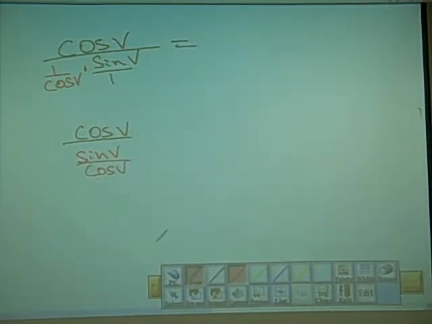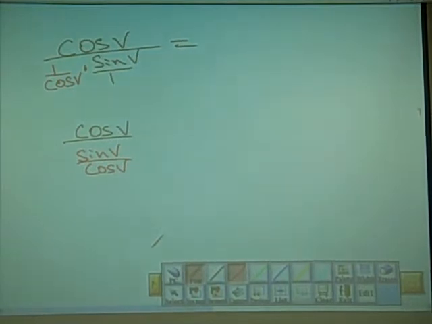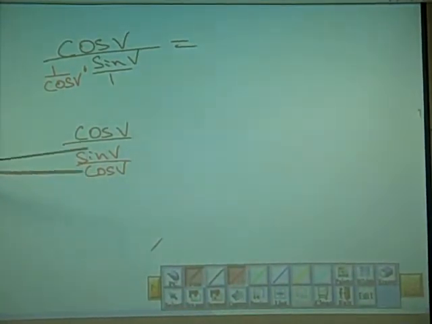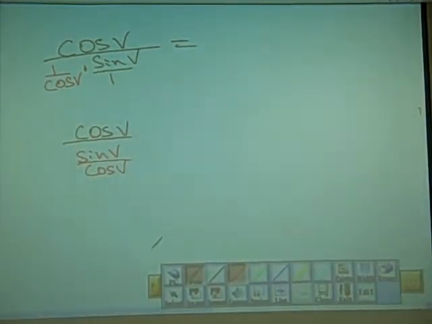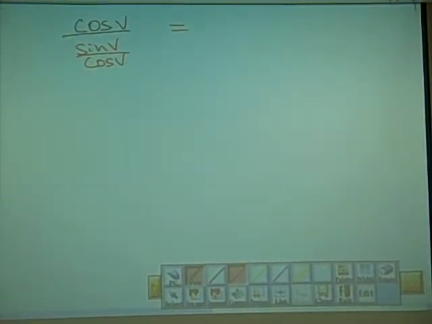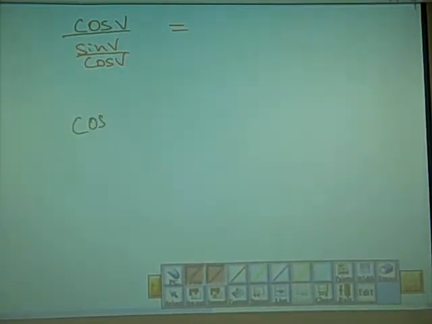We can go ahead and flip. We're going to multiply by the reciprocal of our denominator, so we're going to get cosine v times cosine v over sine v.